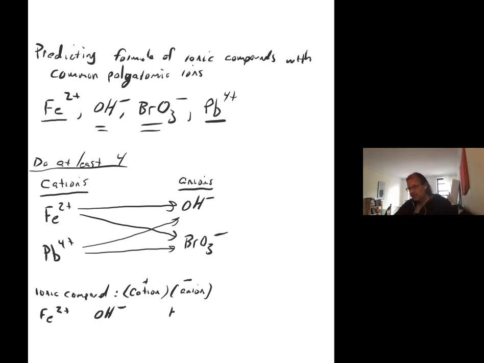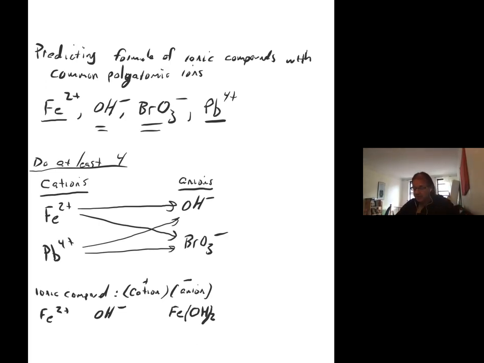So Fe(OH)2, 2 hydroxides. But here, this is confusing. This is actually misleading. When you have a polyatomic ion, if you have more than one of them, you got to put parentheses around the polyatomic ion. Why? Maybe someone reading that would say it's Fe, 1 iron, O, 1 oxygen, H2, 2 hydrogens, but that's not what we mean.